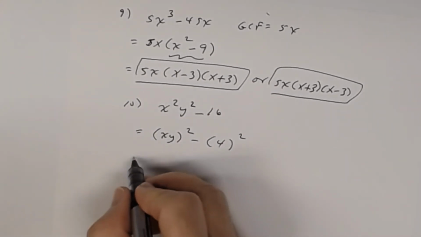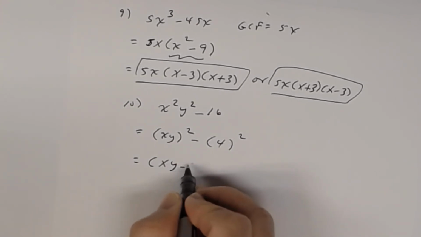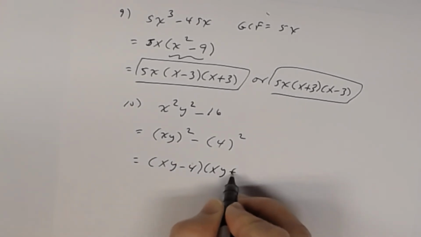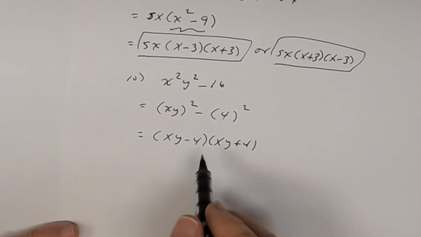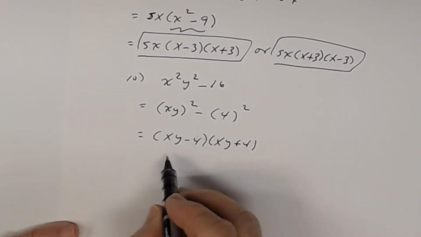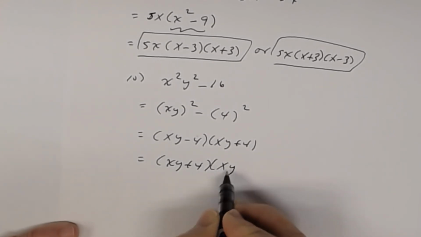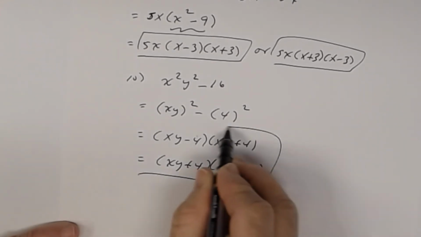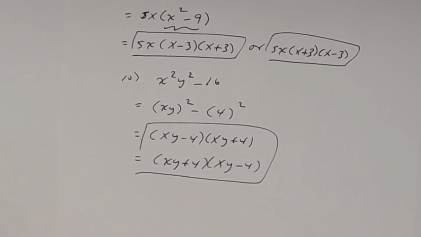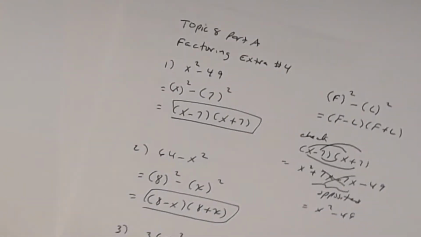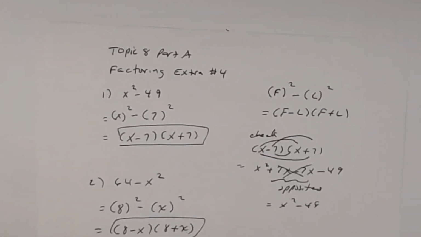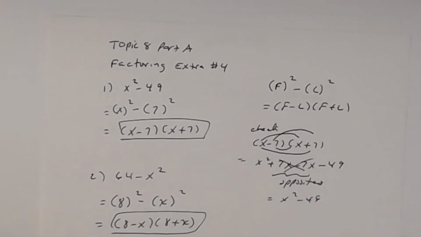And so therefore your answer is going to be xy minus 4 times xy plus 4, or remember, multiplication is commutative, so you could have said xy plus 4 times xy minus 4. All right, and that is the key to topic 8, part A factoring worksheet.